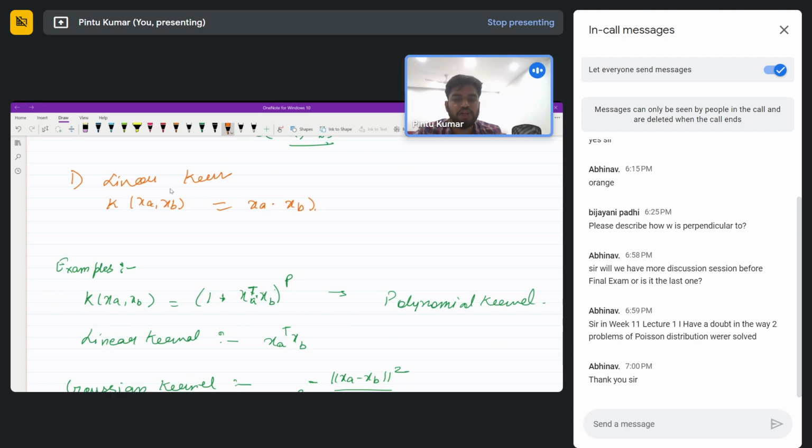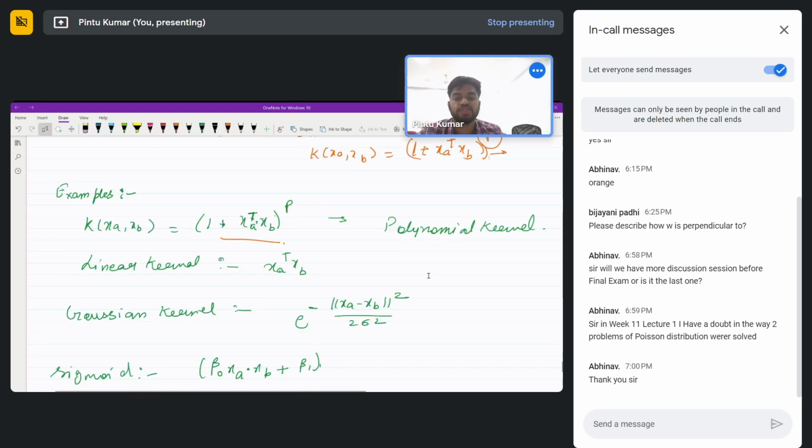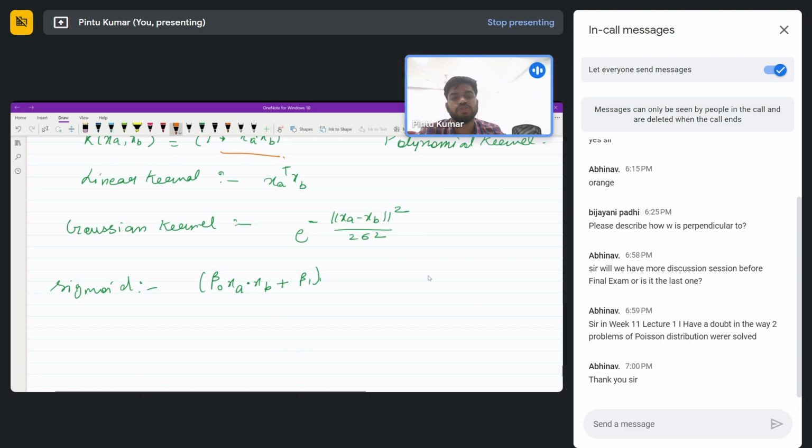Second one is known as polynomial kernel. It is given by 1 plus xa transpose xb, to the power p. This power p you can vary and you will get new kernels. Third kernel that we have is known as Gaussian kernel. This would look very similar to your normal distribution that you did in last class.